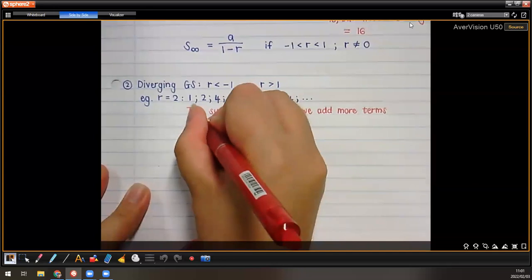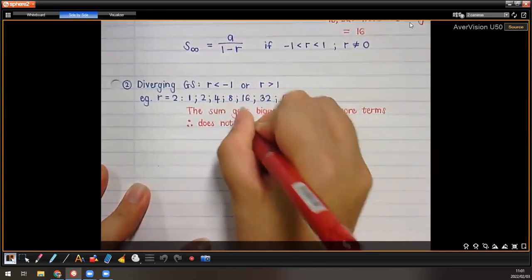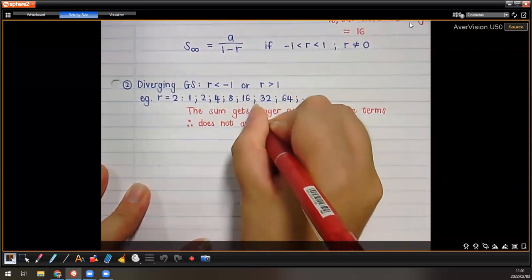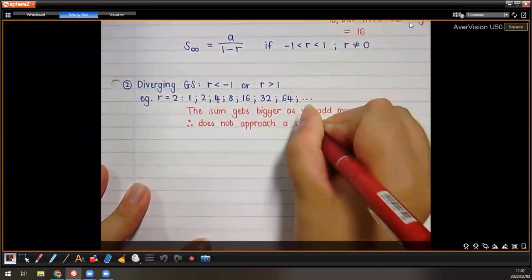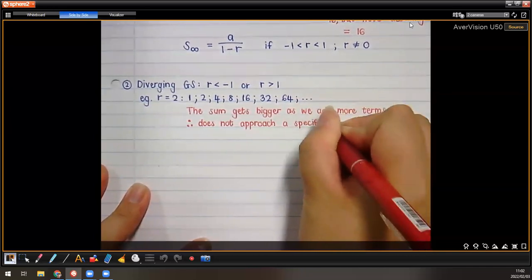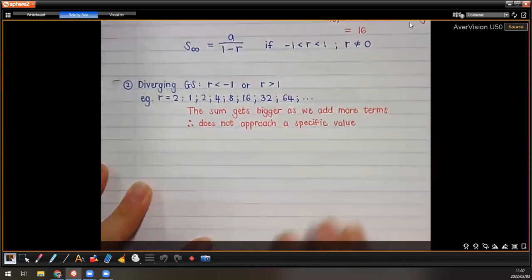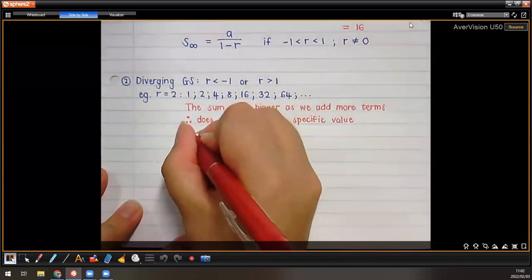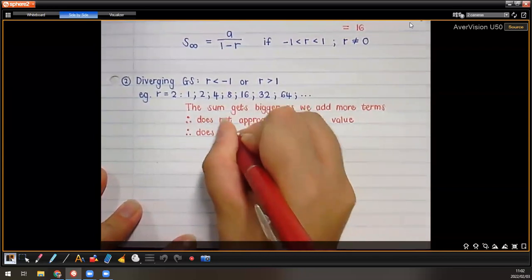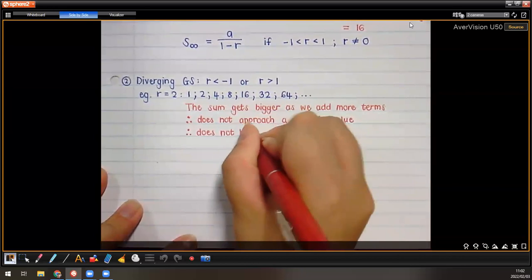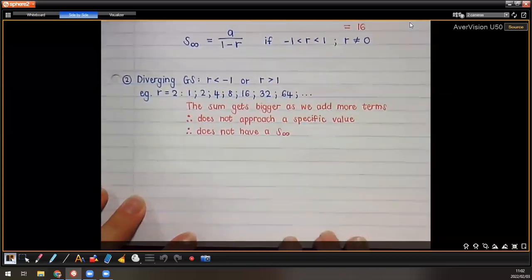Therefore, it does not approach a specific value. Therefore, it does not have a sum to infinity.